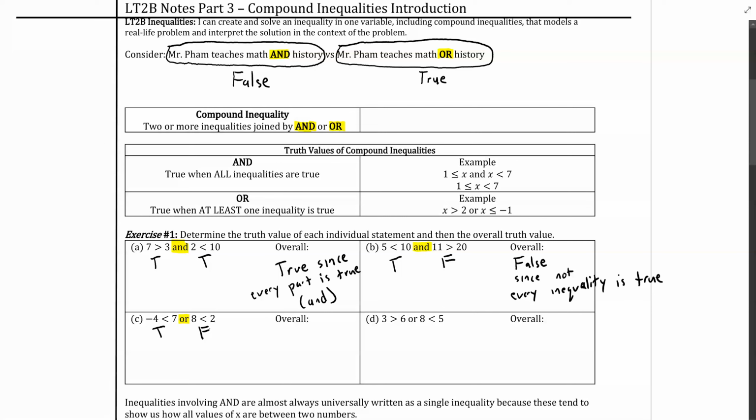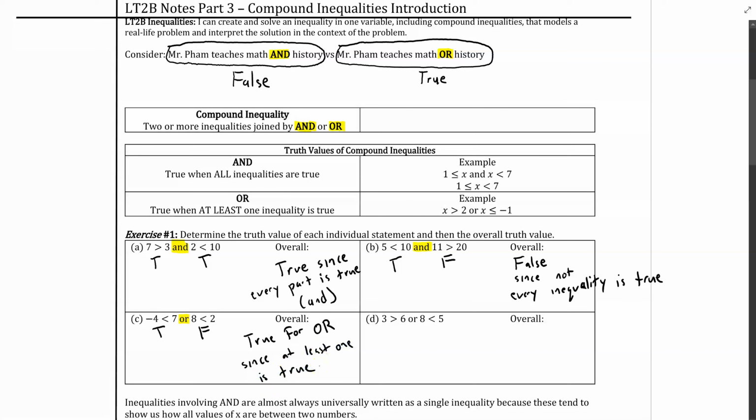And notice that one of the inequalities is true. So overall, this is true for or, since at least one is true.